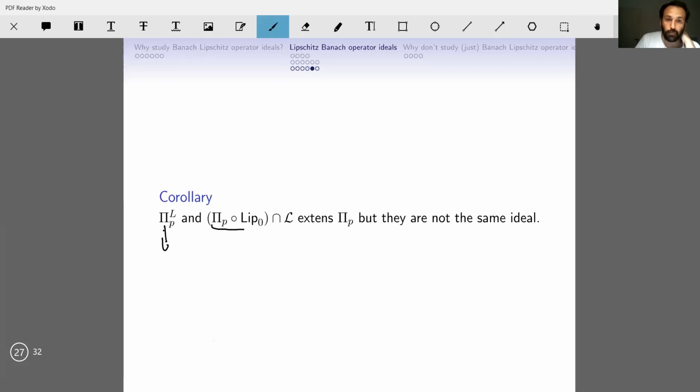Also, as p-summing operators are maximal, this ideal also extends p-summing operators, but they are not the same ideal.